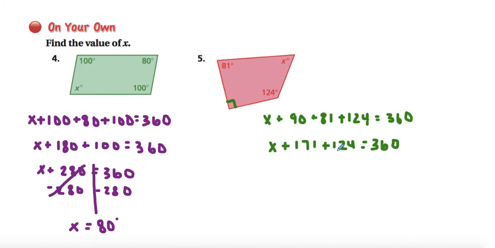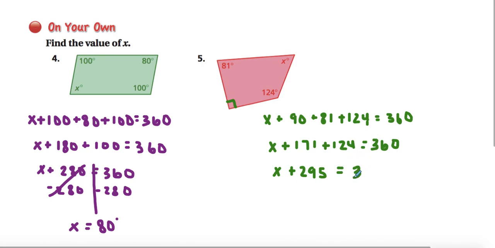I'm going to do this once more. I'm going to bring down my x, and I'm going to rewrite 171 plus 124, which is 295, is equal to 360.